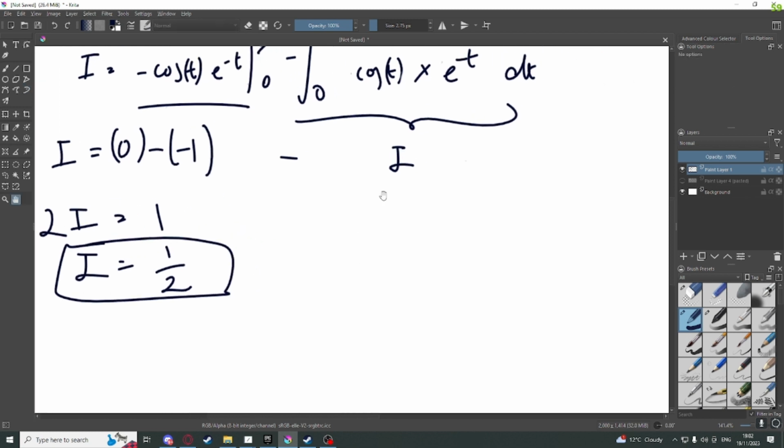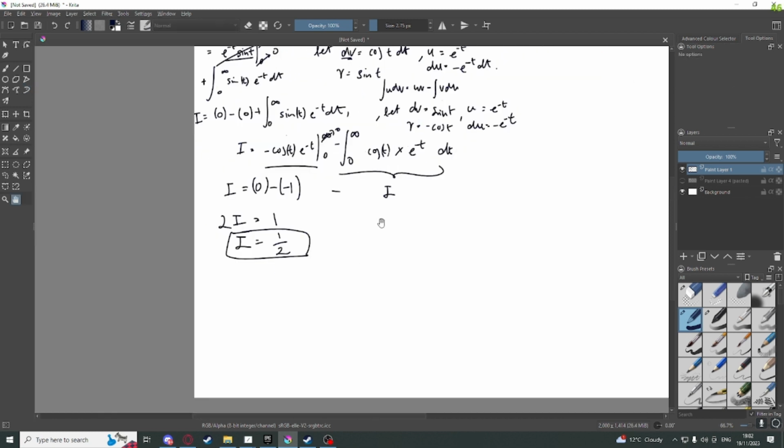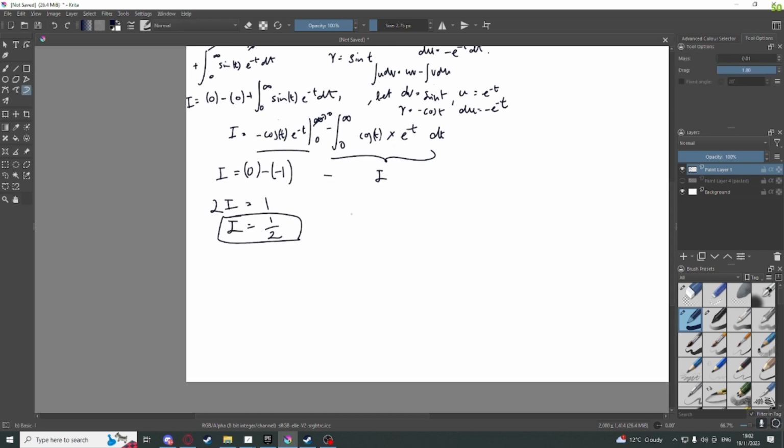There we go. So I, which is equal to my integral from 0 to infinity of cos of t e to the negative t dt, is equal to 1/2.